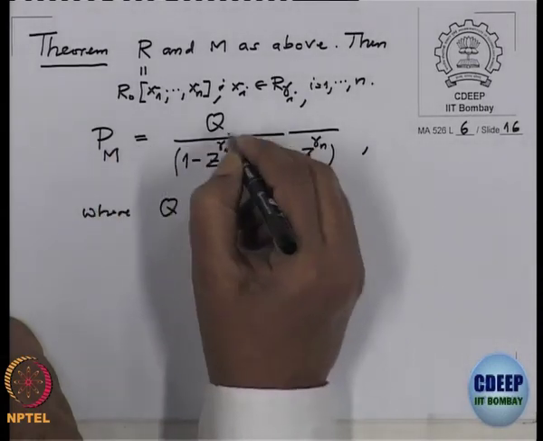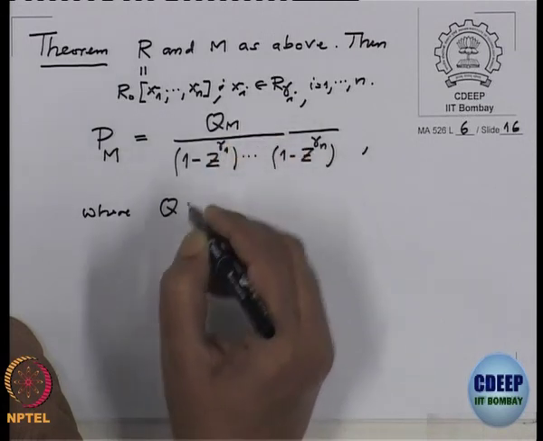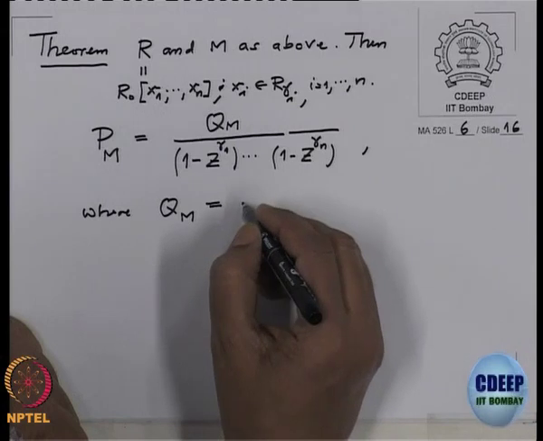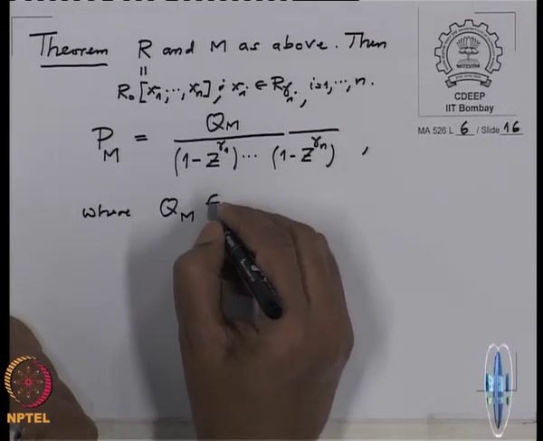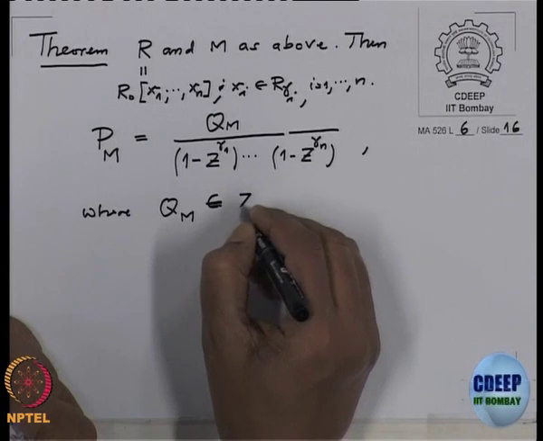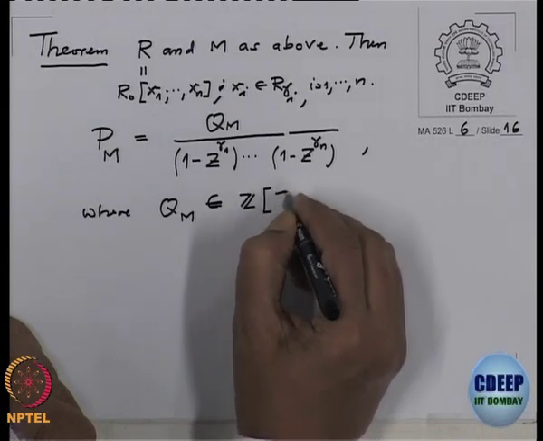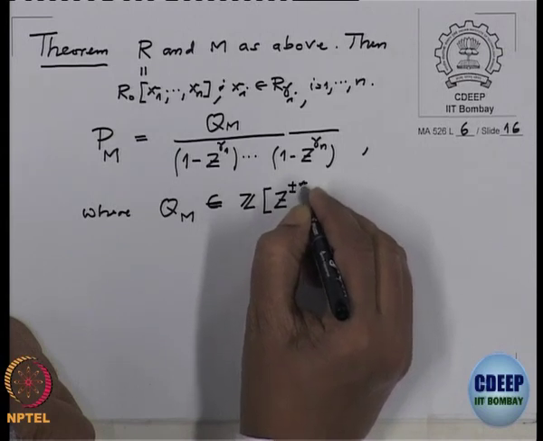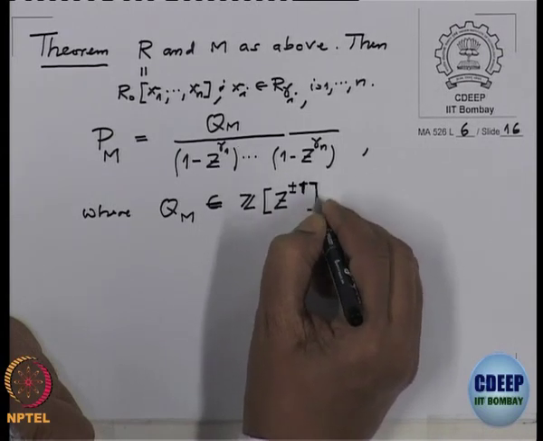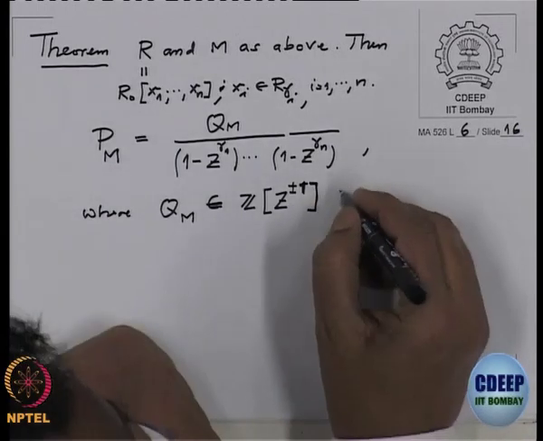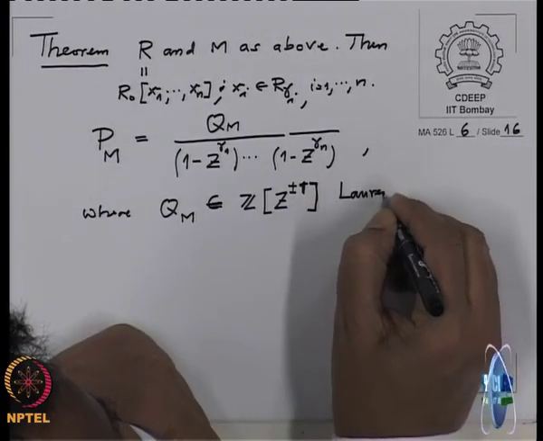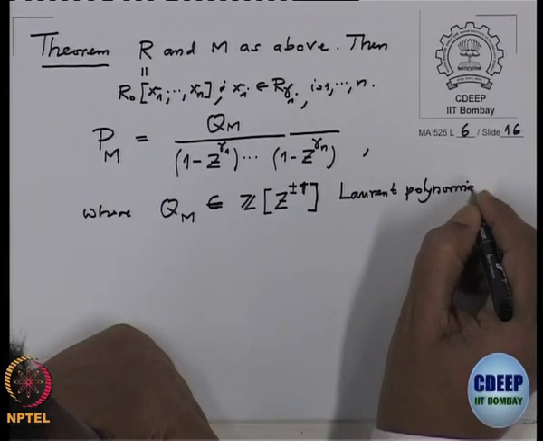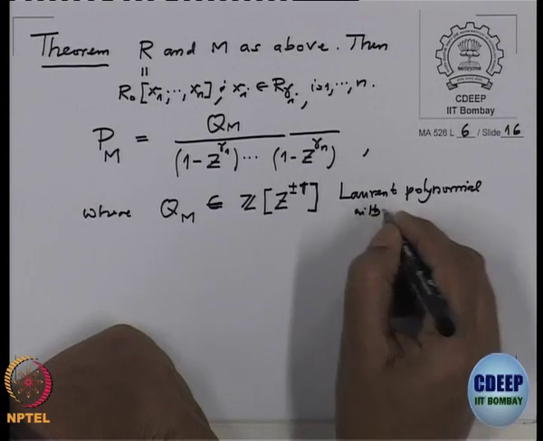Q also depends on M actually, so I should really write Q_M here. Q_M belongs to the Laurent polynomials with integer coefficients, so z to the power plus or minus 1.